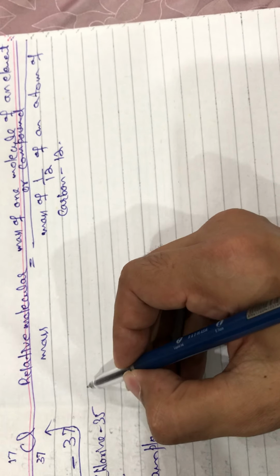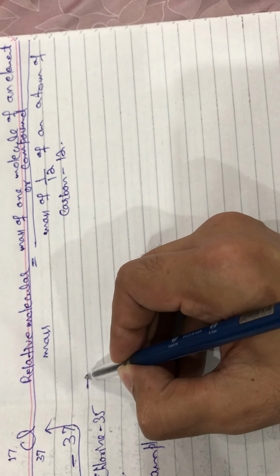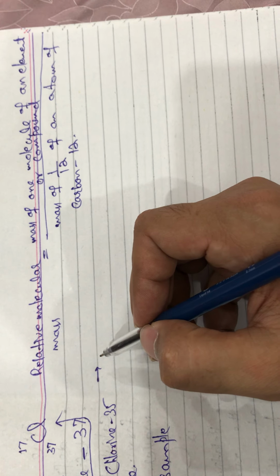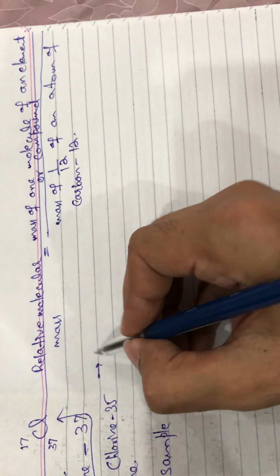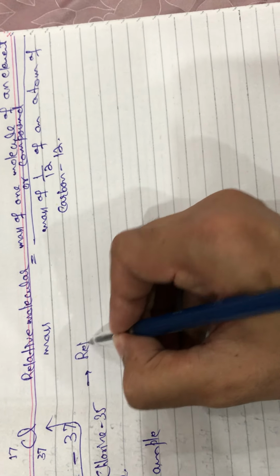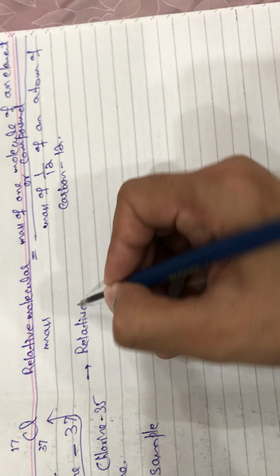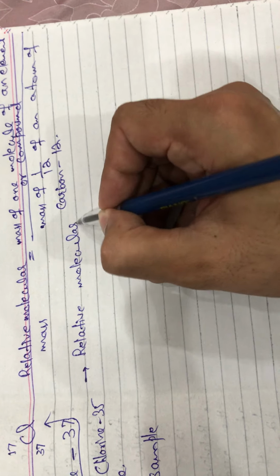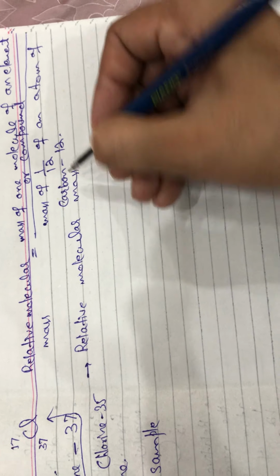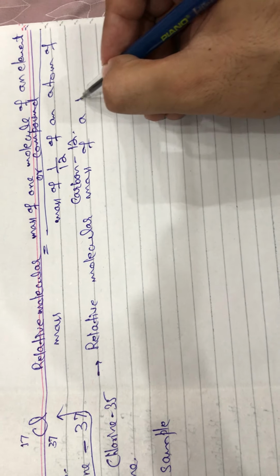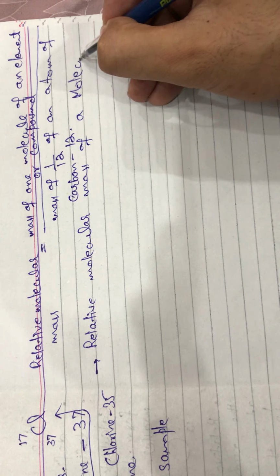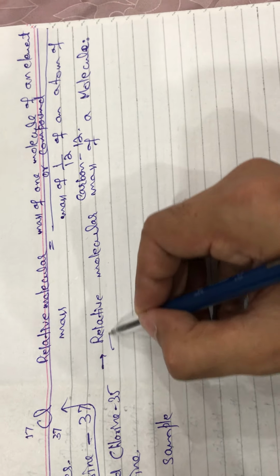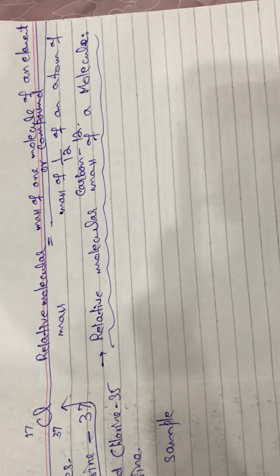Also, the second objective consists of the calculation of relative molecular masses of a molecule. The relative molecular mass of a molecule is the sum of masses of all the atoms of elements present in it.